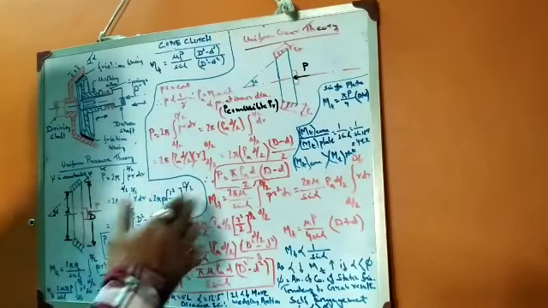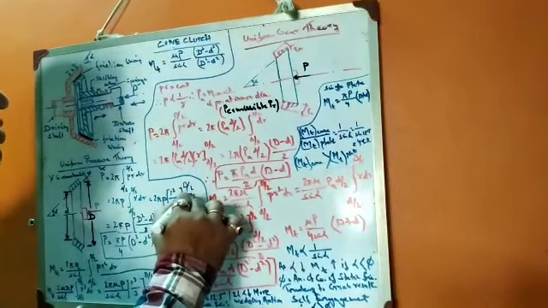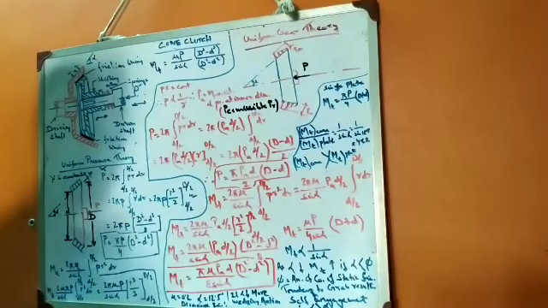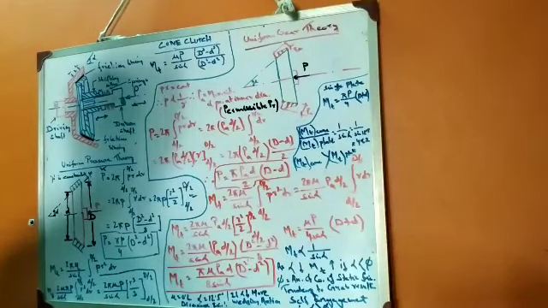We have found the expression 2 pi p r square by 2, from small d by 2 to capital D by 2.